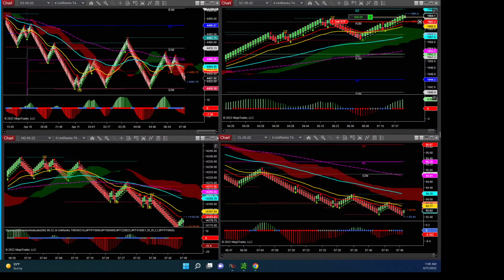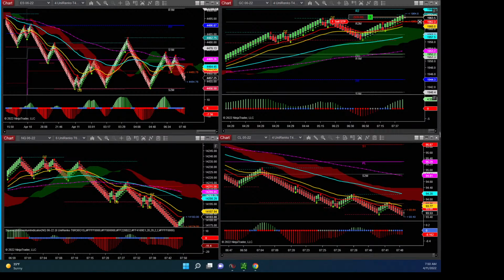If it doesn't, then I'm out again. So that one was an entry out of this double top. Failed the first one. We'll see if this one holds.